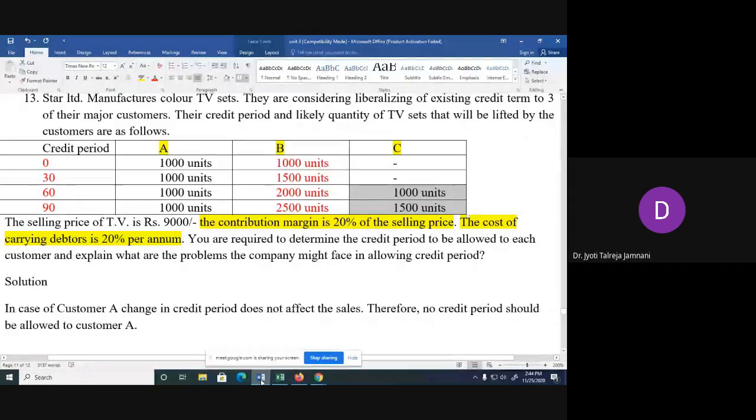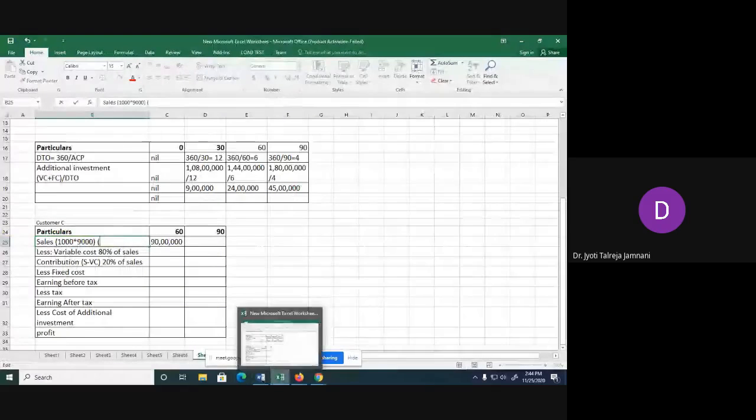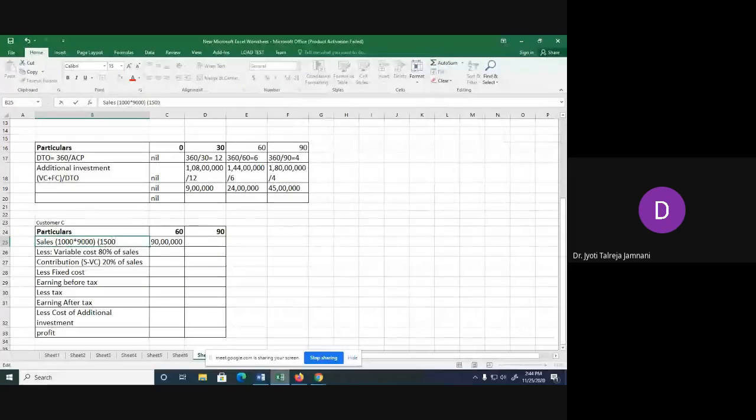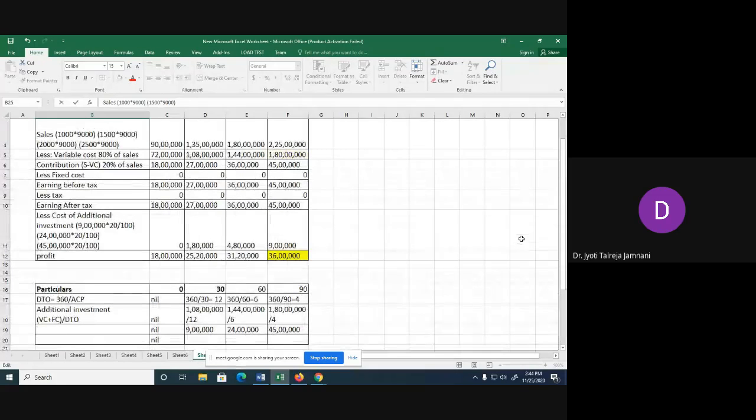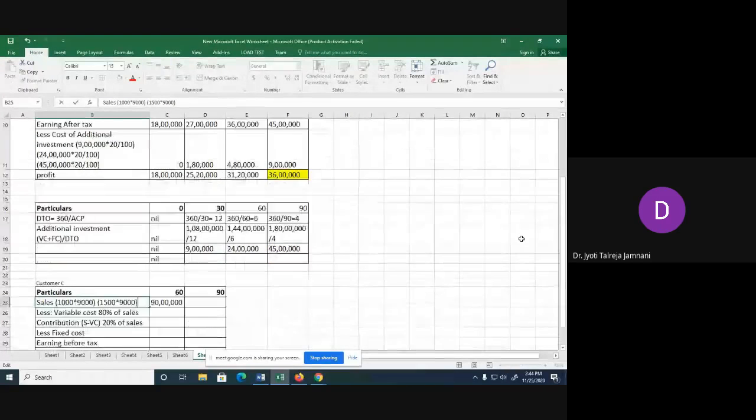Then for 90 days, 1500 units is buying. So 1500 units into 9000 is the cost of TV per unit. So 1500 into 9000, it will come to 1 crore 35 lakhs.